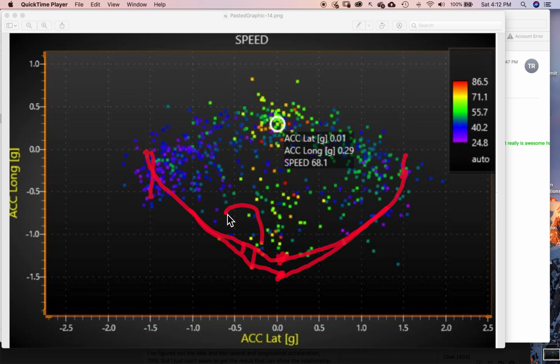This area right here, this area, and this area is the area of the car that I would work on.